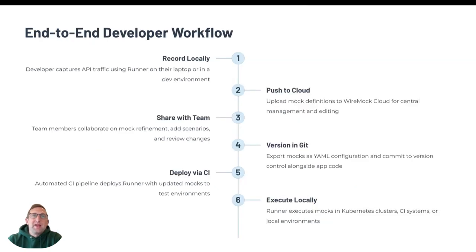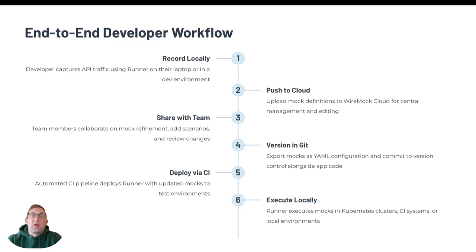The typical end-to-end developer workflow for creating and maintaining mock APIs using WireMock Runner is we're going to record them locally, either using WireMock CLI or WireMock Runner. We can do that in record many mode, so we can record multiple APIs in parallel. We then push those to cloud so that they get uploaded to our WireMock Cloud environment. Then we can decide to share those with teams by sharing those mock APIs.